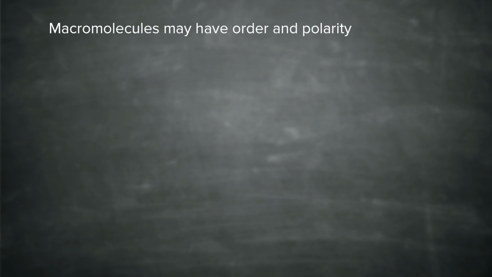So let us write down that macromolecules may have order and polarity, where polarity would give some kind of direction. And these two attributes together comprise information that can be used by the cell.